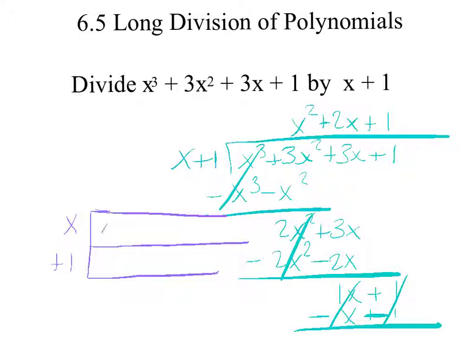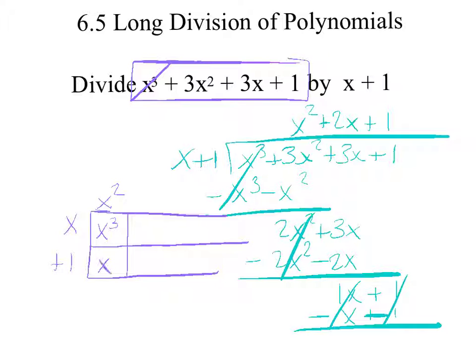What I do is start by putting x cubed in there. As soon as it's in there, I cross it off the polynomial up here so I know I'm done with that. So x cubed is there. I'd have to multiply by x squared, and I can fill in the bottom box. That's going to be x squared.